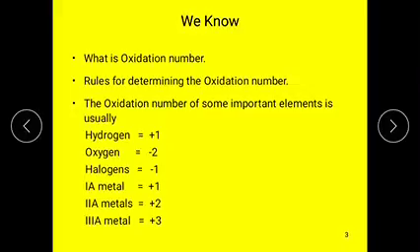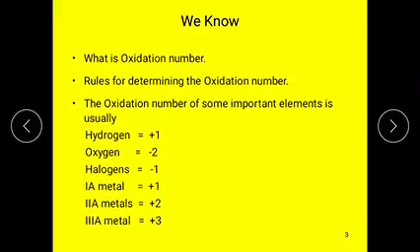The oxidation state of oxygen is usually taken as minus 2, but in the case of peroxides, the oxygen oxidation number is taken as minus 1.